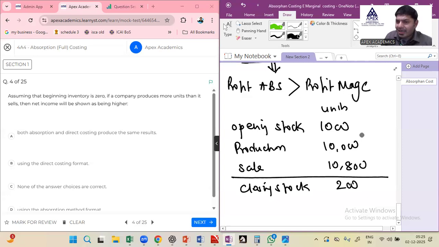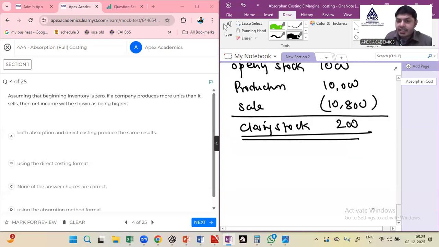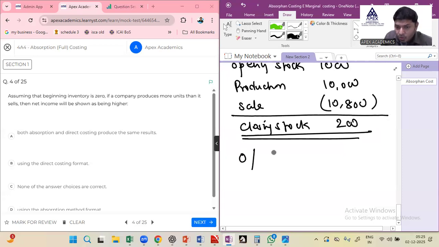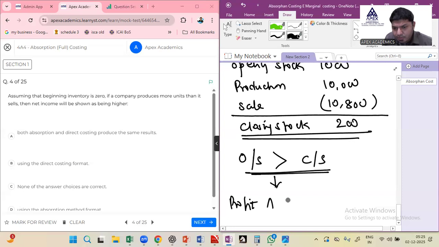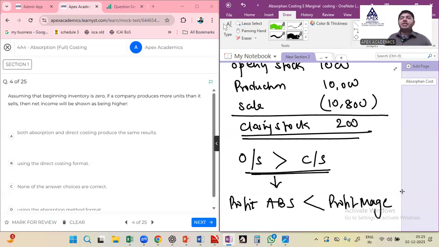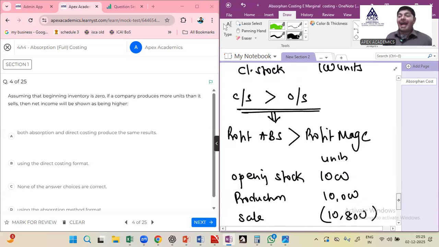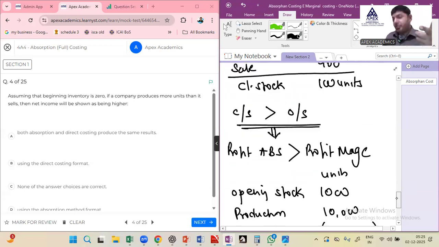I have 11,000 in hand. I sold 10,800. So I am left with how many? 200. Here it is clear that my opening stock is greater than my closing stock. In this scenario, the profit under absorption costing is less than the profit under marginal costing. This particular concept is going to drive your understanding of the next few questions.